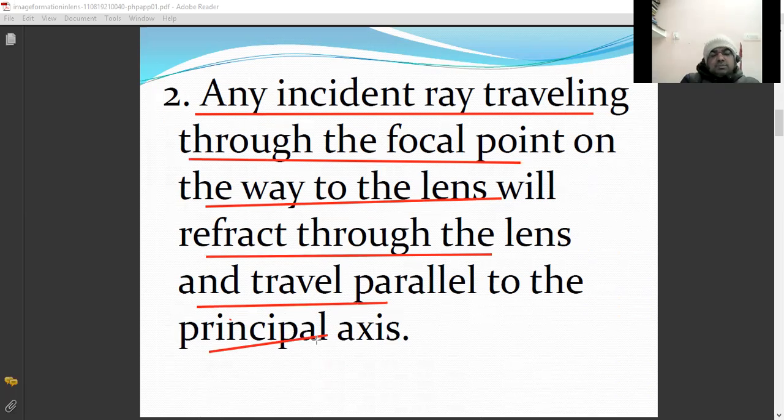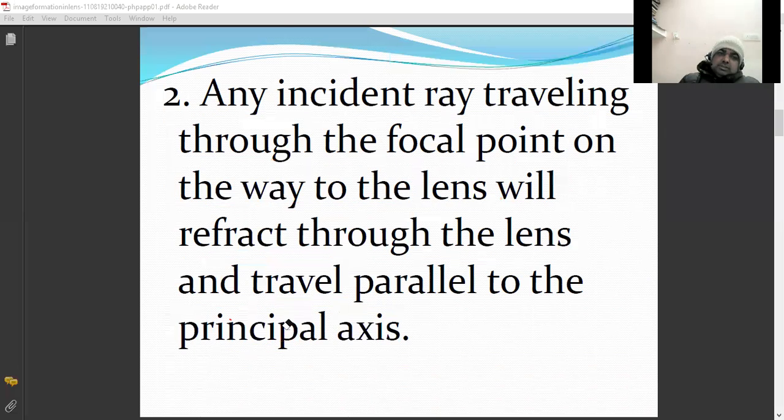These two principles we will be observing. If a ray is traveling through the focus, then what will happen? It will become parallel to the principal axis. So, seeing these two, the image formation will take place.